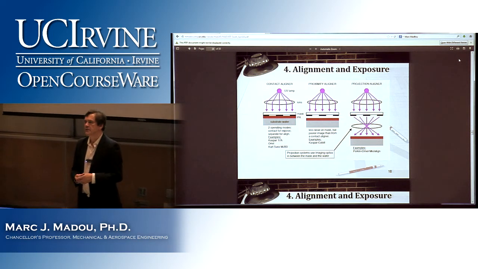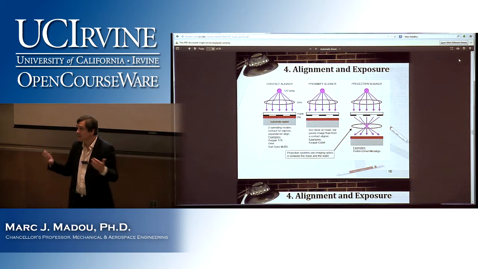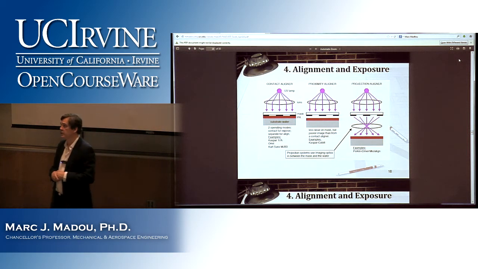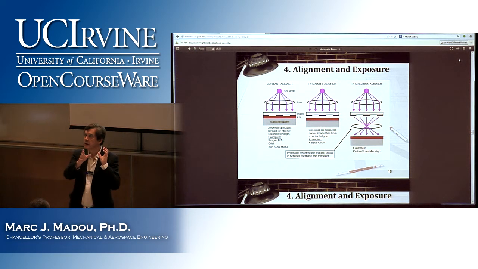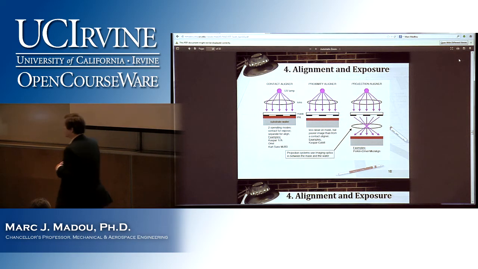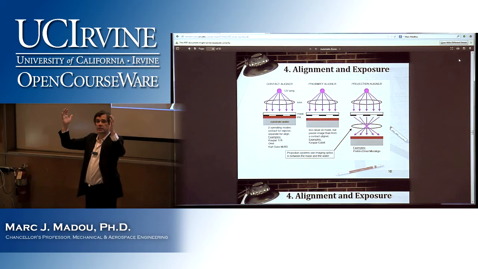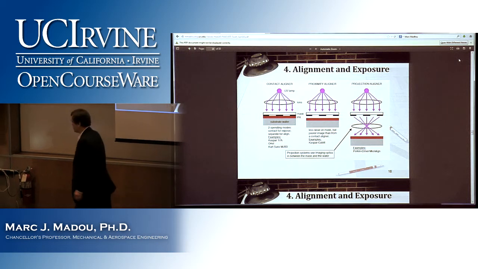Soft bake, right? And so principally you're removing the solvent. And you always want to make sure you don't go above the glass transition temperature, because otherwise the walls and the structure you build will collapse, and so it's all over.